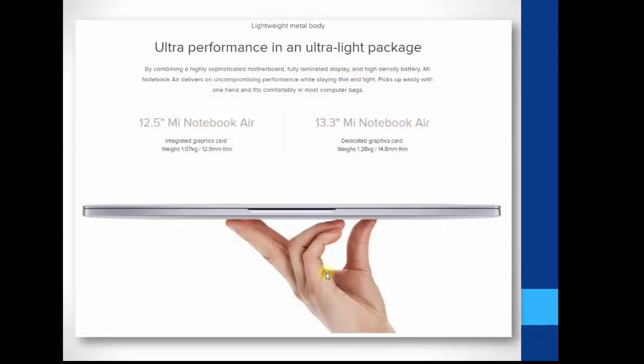Lightweight metal body, ultra performance in an ultra light package, containing a highly sophisticated motherboard, fully laminated display and high density battery. The Mi Notebook Air delivers uncompromising performance while staying thin and light, picks up easily with one hand and fits comfortably in most computer bags.